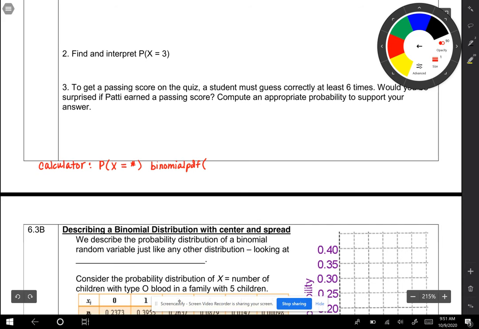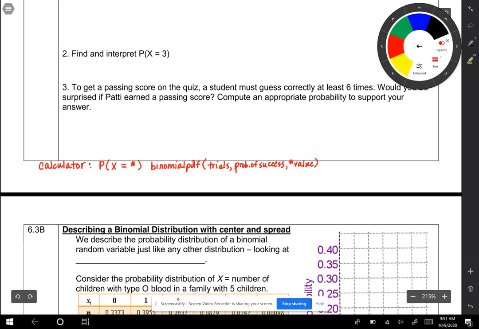So we have trials, probability of success, and the number value from the probability. We used the PDF because it was an exact point distribution.